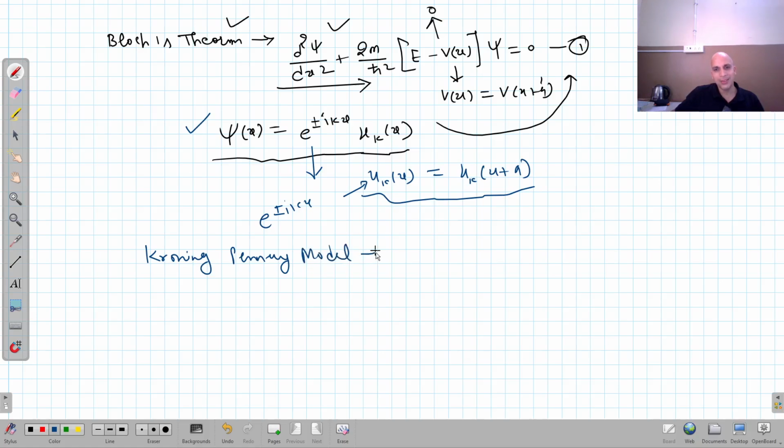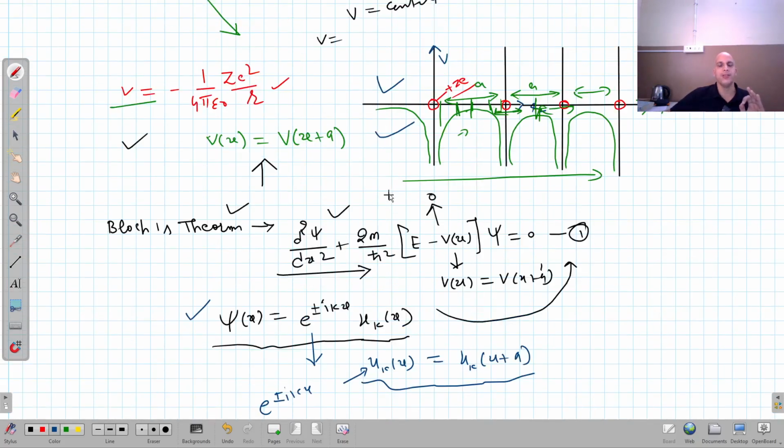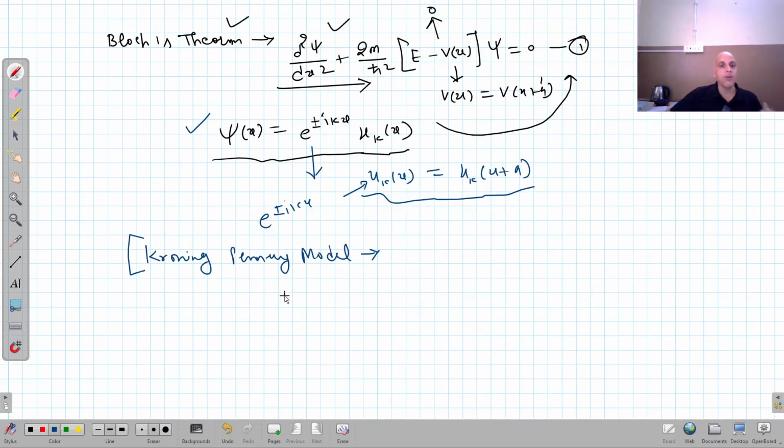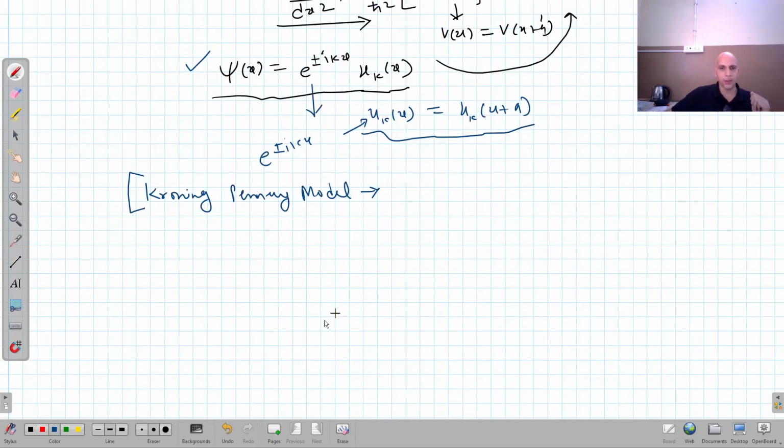As I told you, this model basically uses the Bloch theorem in solving the problem of an electron moving in a periodic potential. This model actually simplifies the Schrodinger wave equation for the case of electron motion in a periodic potential, and the periodic potential according to this model, I am drawing here for simplicity. You can see here.